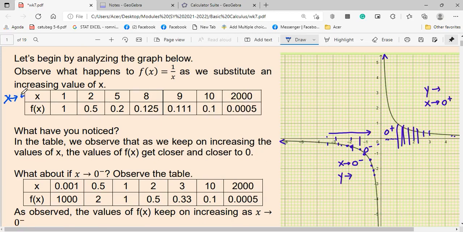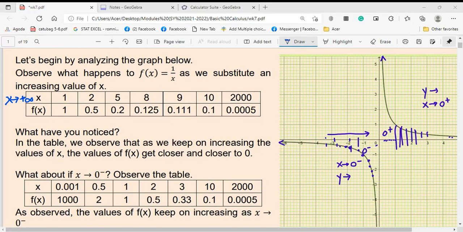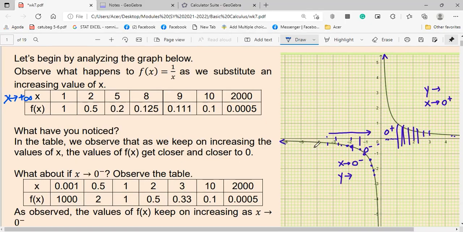Or sasabihin mo, well, that is increasing, so x just keeps on approaching positive infinity, or x keeps on increasing. Well, you have the idea already about positive infinity and negative infinity because in general mathematics, we really intended to introduce to you this one during the interval notation. Well, I know that you're aware of it already. So I'll get directly to it na.